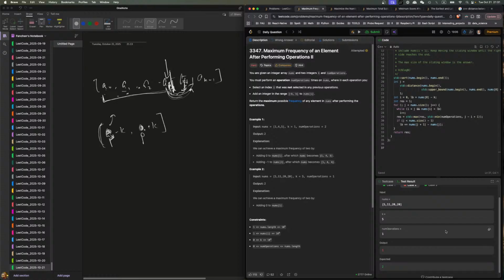And also j could already be outside. So what you really need to get is j minus i plus 1 already. And here, the target, because you need to save the amount.